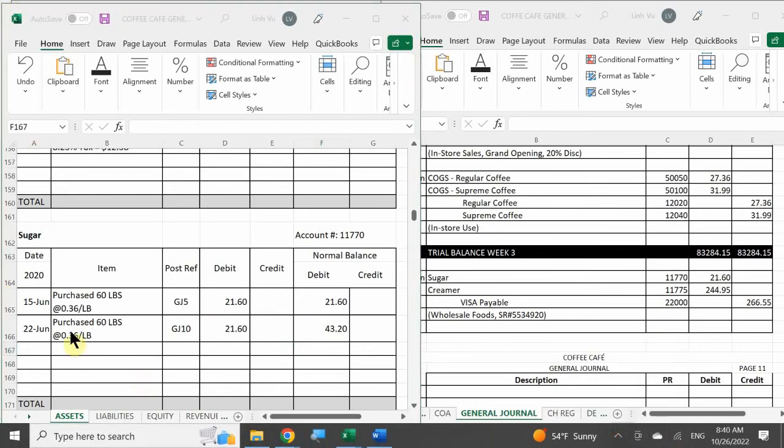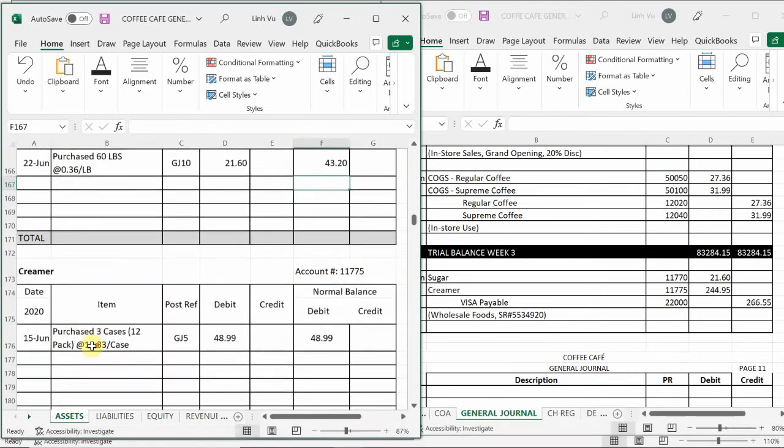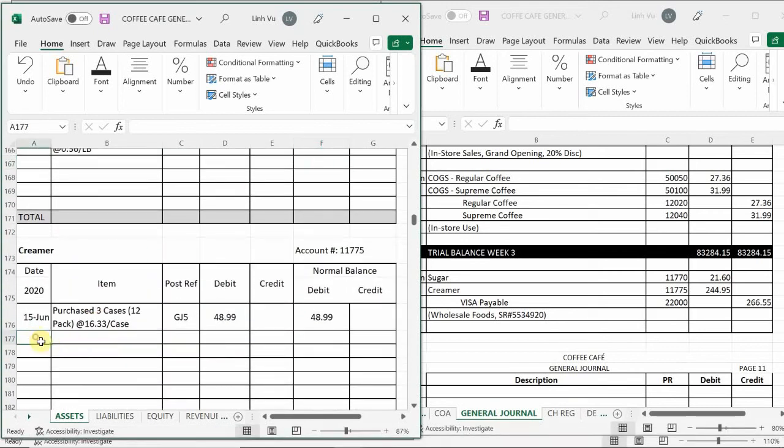Creamer is 31.99. What is 31.99? Oh, I'm sorry.